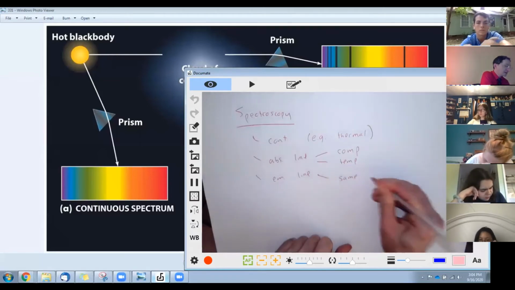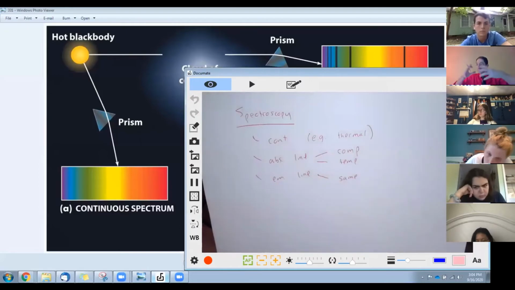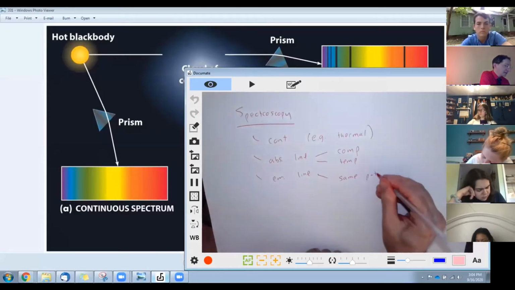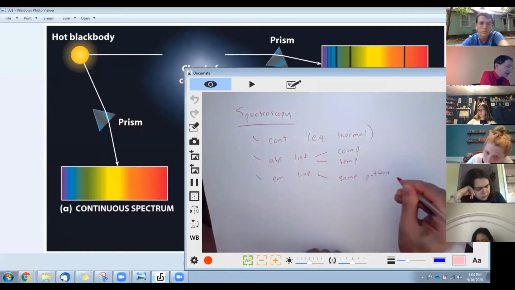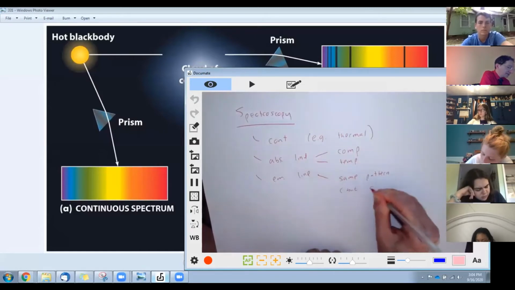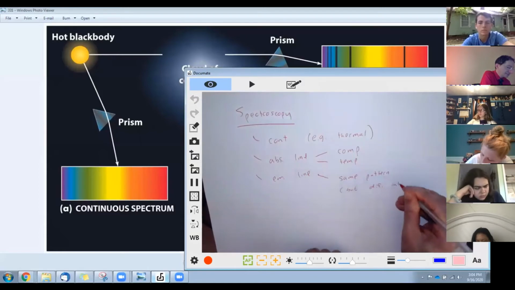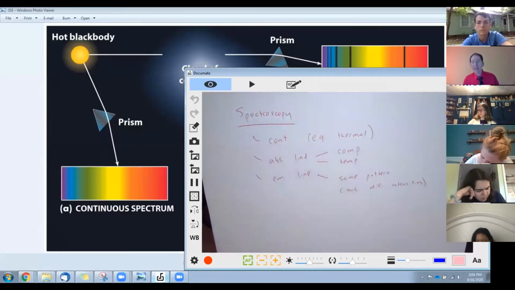It's just that light is being re-emitted in all directions. The cloud absorbs it and then it re-emits it in all directions for everyone to see. And you get the same pattern, but differing intensities for reasons we'll see. So those are the different types of spectra. What causes them? Let's tackle that next.